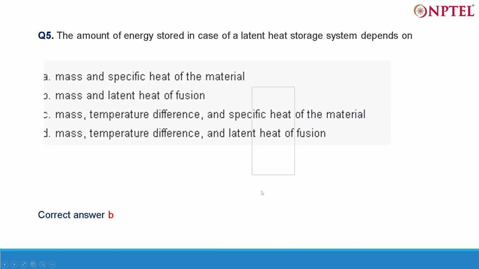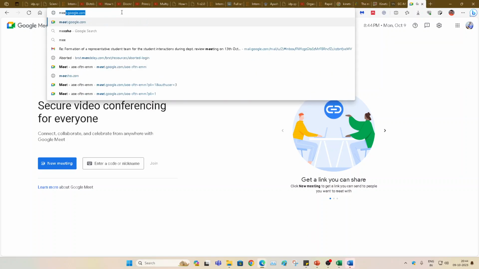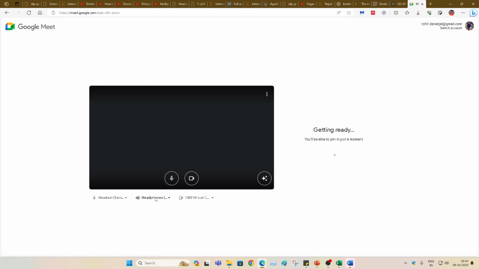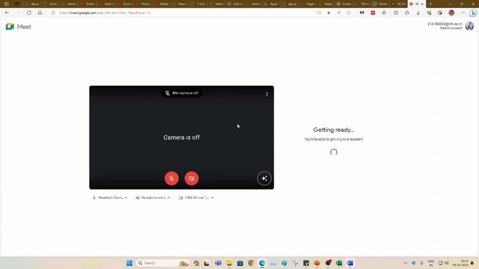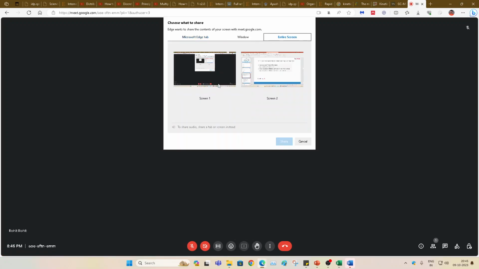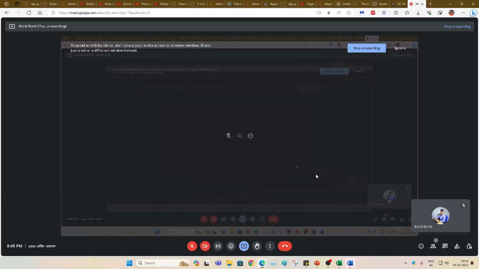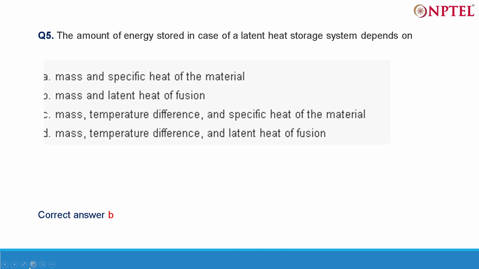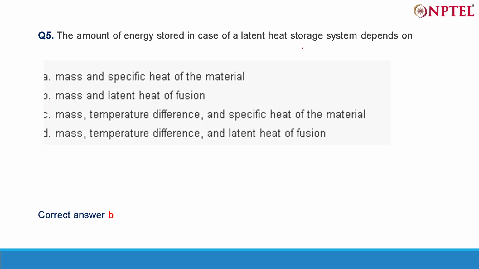Okay, so now moving to question 5, the amount of energy stored in case of latent storage depends on.